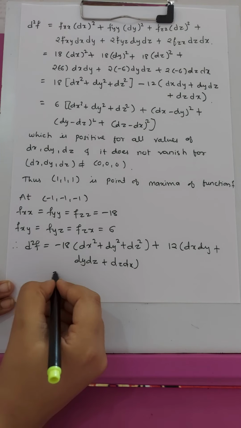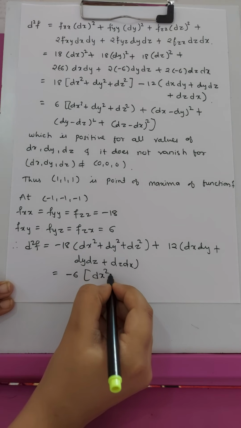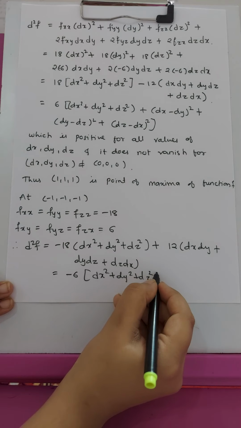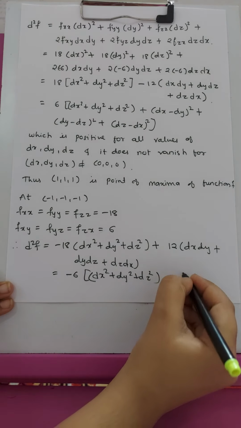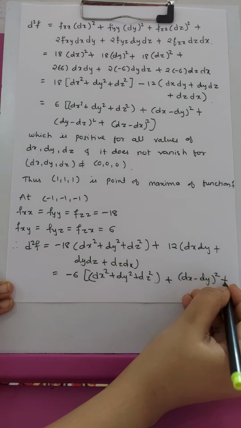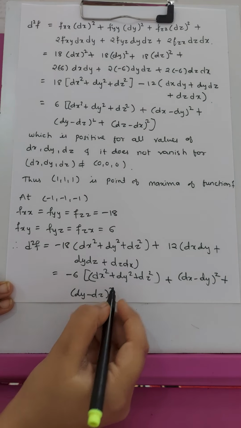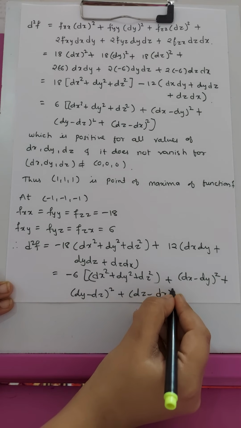Which becomes equal to −6 times [(dx squared plus dy squared plus dz squared) plus (dx minus dy) squared plus (dy minus dz) squared plus (dz minus dx) squared].